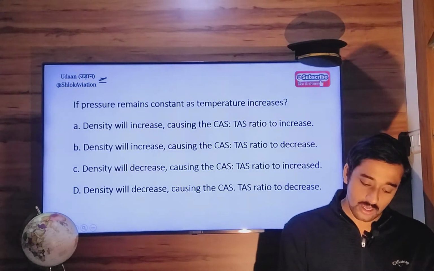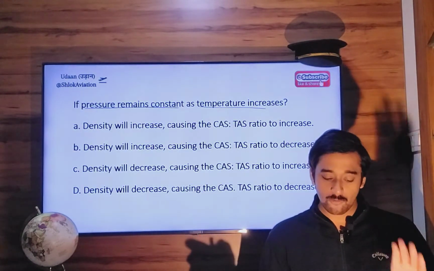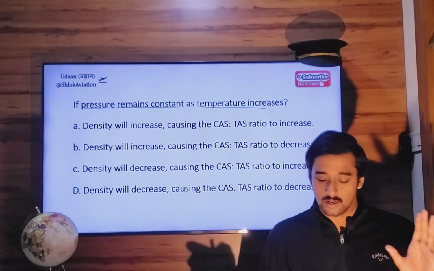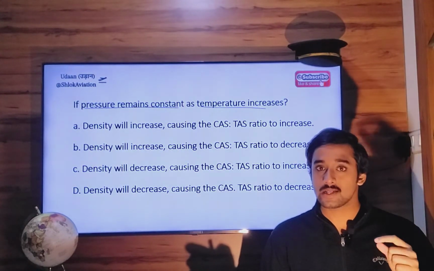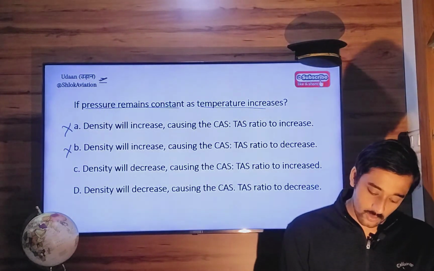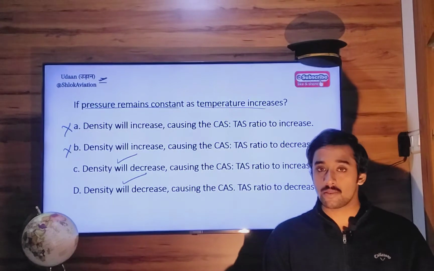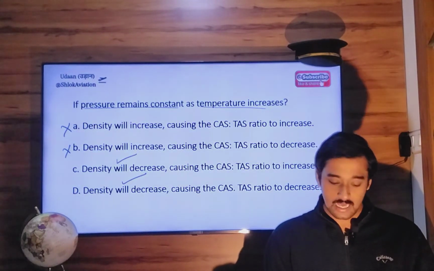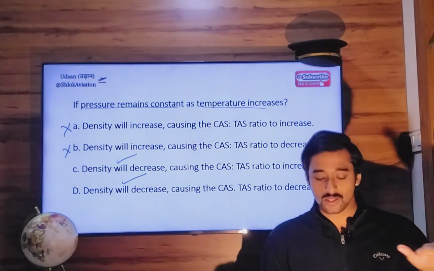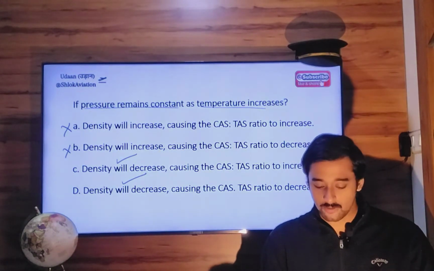Next, 54. If pressure remains constant as temperature increases, so pressure is constant, so ignore that. Temperature increases, what will happen? Density will decrease. So, Charlie or delta. What will happen to the ratio between calibrated airspeed and true airspeed? Now, pressure is constant. Calibrated airspeed depends on your pressure.